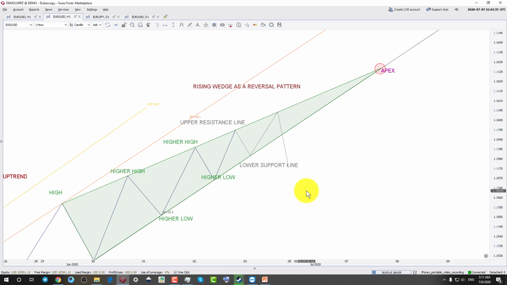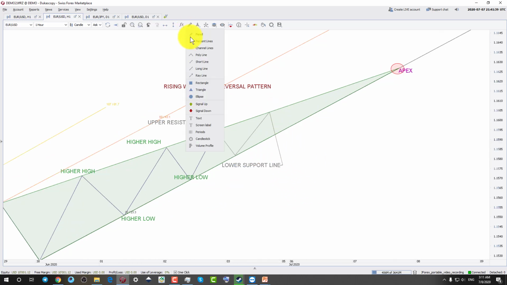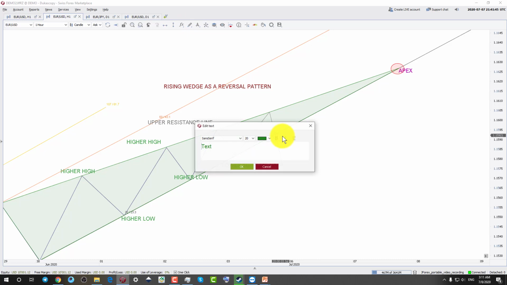So in this case, when it breaks on the lower side here, this is called a breakout. So this is called breakout.